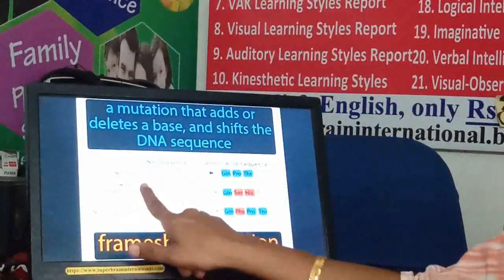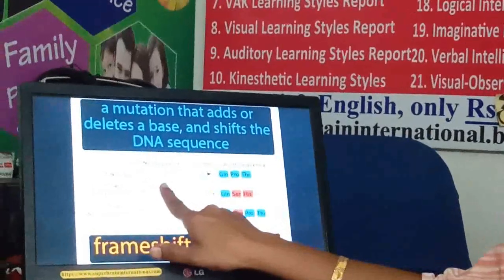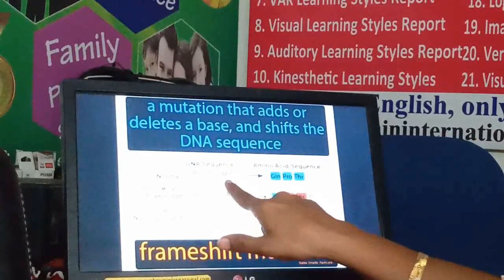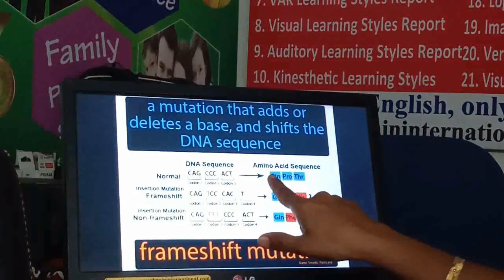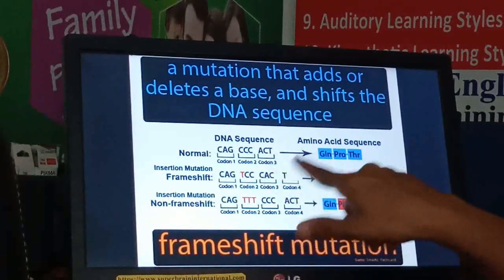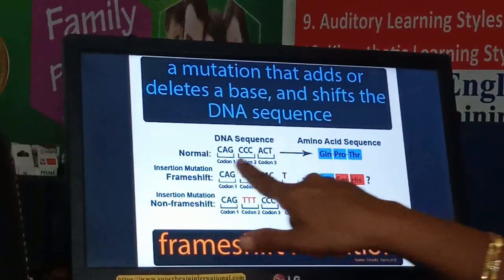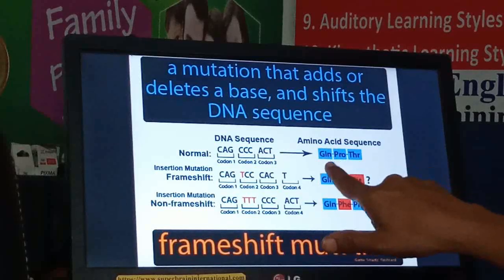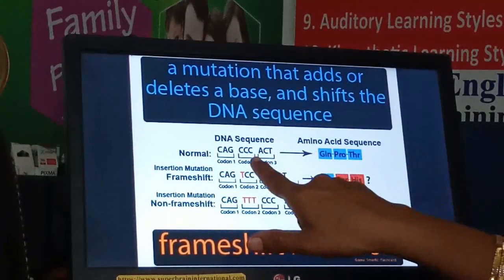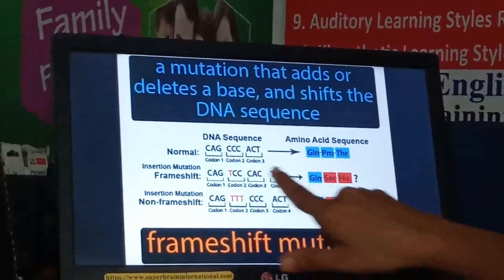Take an example. This is a normal DNA sequence having CAG, CCC, ACT, which will code for amino acids: CAG will code for glutamine, CCC will code for proline, and ACT for threonine.